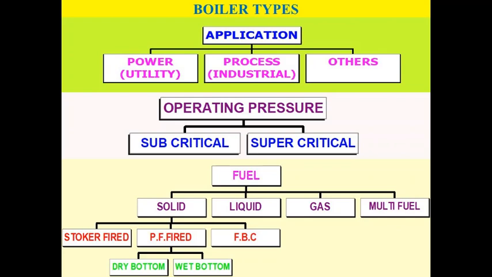Let us now try to understand the various types of boilers used in terms of application, in terms of operating conditions like pressure, and the fuel which is used for heat generation by burning in the furnace of the boiler.